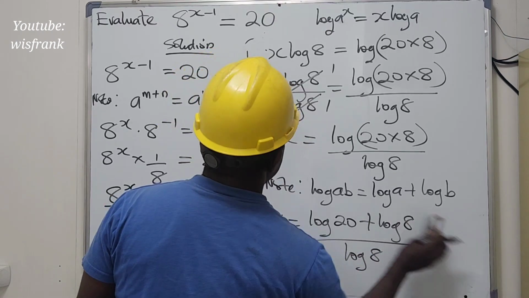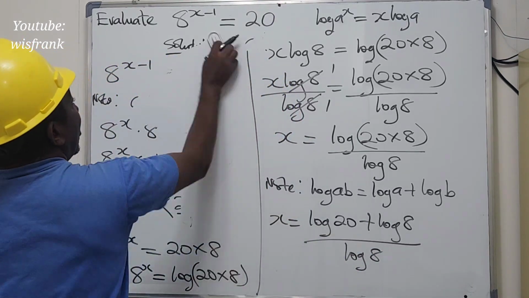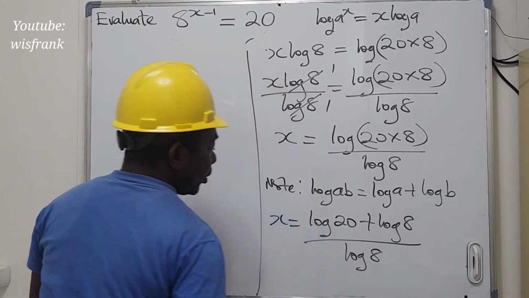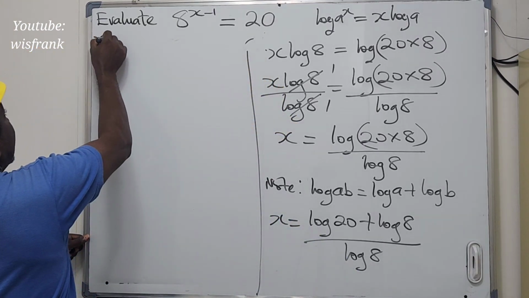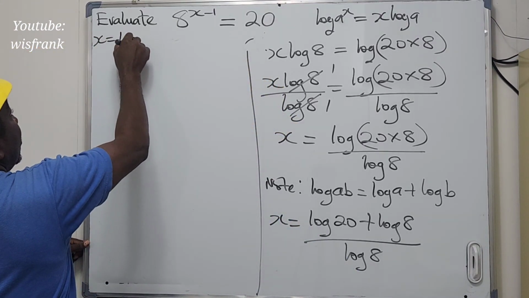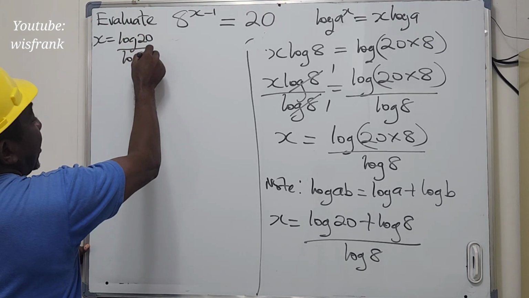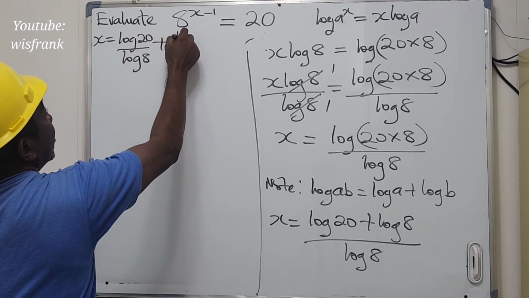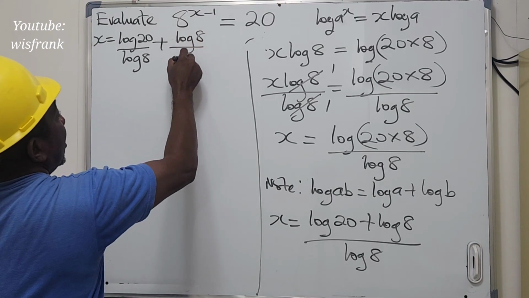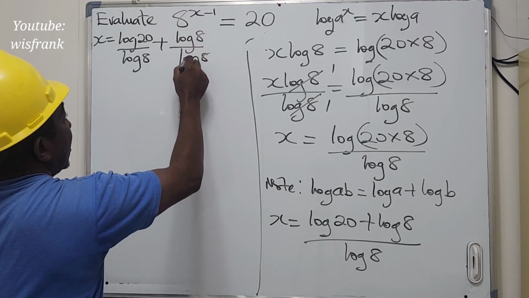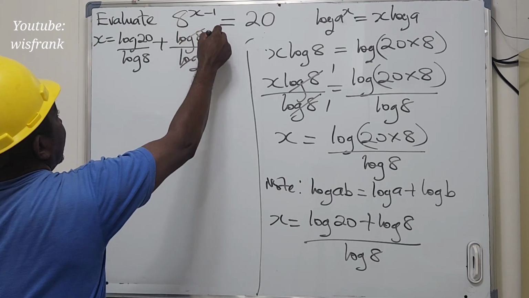We can separate that, and it's going to give us x equals to log 20 all over log 8 plus log 8 all over log 8. This will cancel here and this will cancel here.